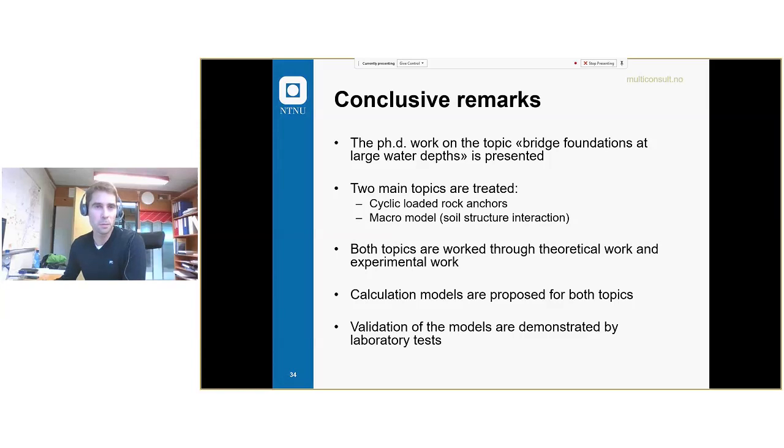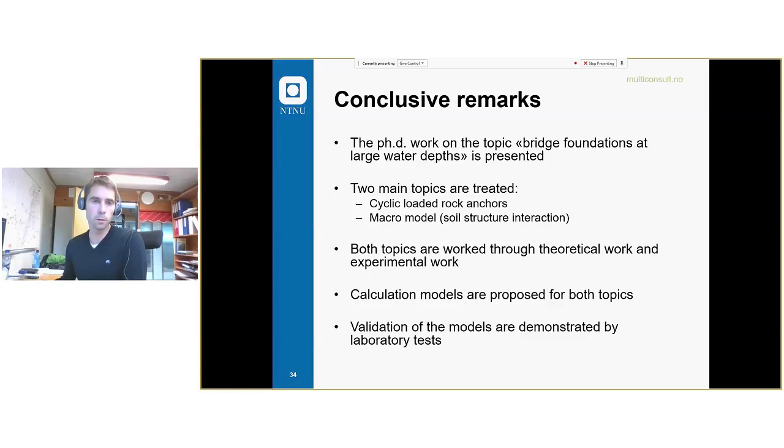Yeah, it was two main topics. It was the cyclic loaded rock anchors and the macro model. We have worked these problems both through theoretical work and experimental work. I think that's a very good way to do the research.